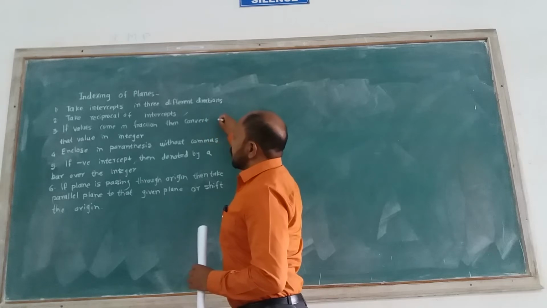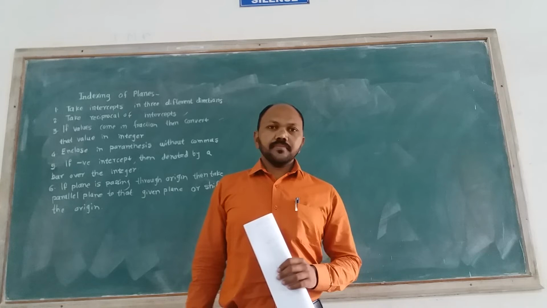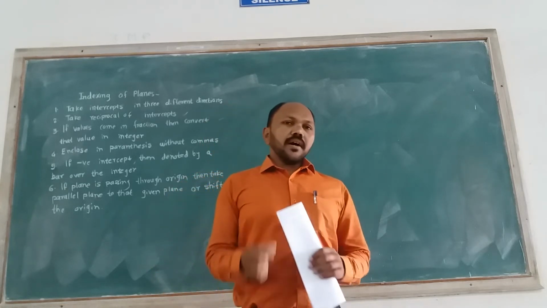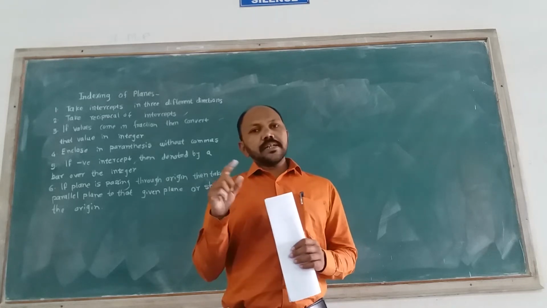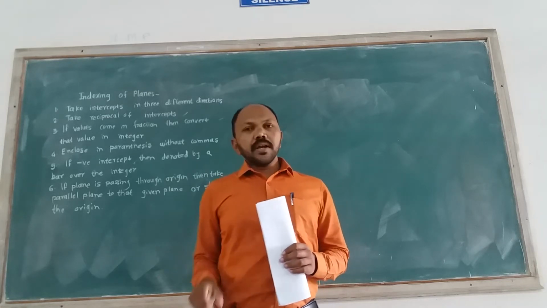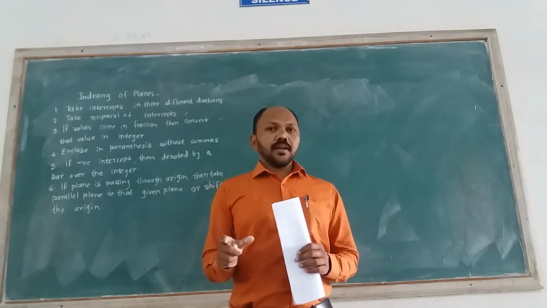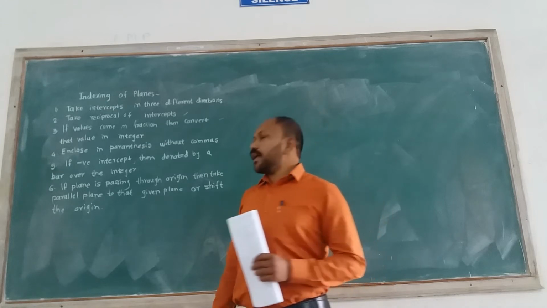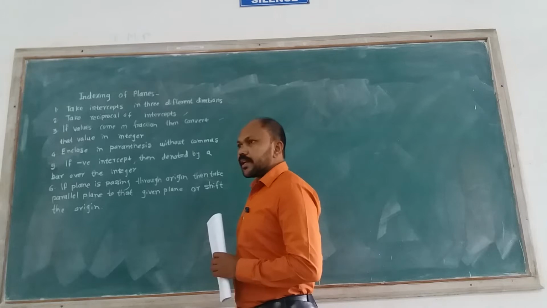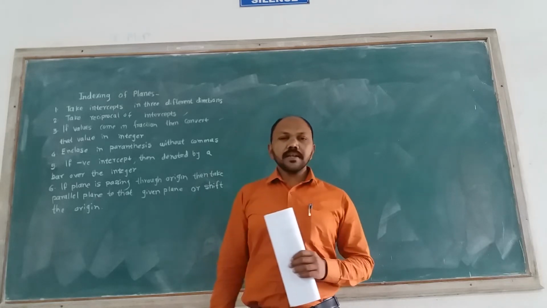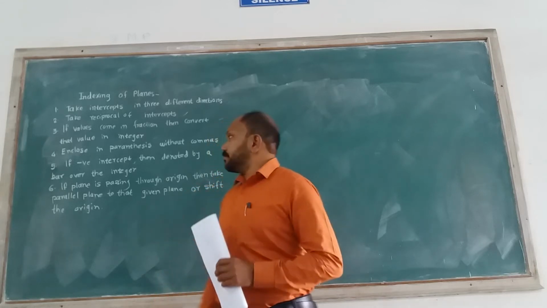If values come in fractions, then convert them into integers. For example, if a value is 1.5, multiply it by some number to convert the fractional value into an integer value. This is also required for directions: if fractional values are there, we convert them into integer form.